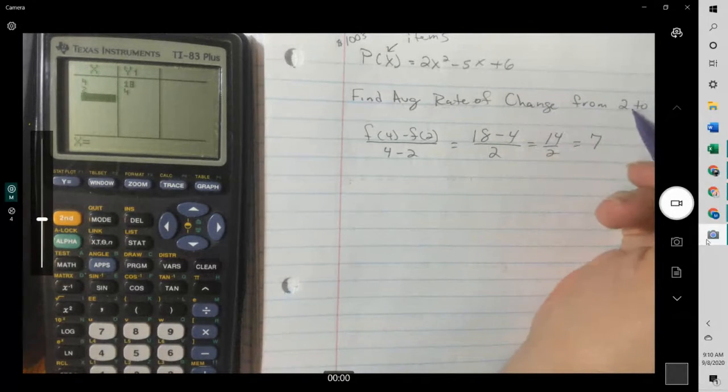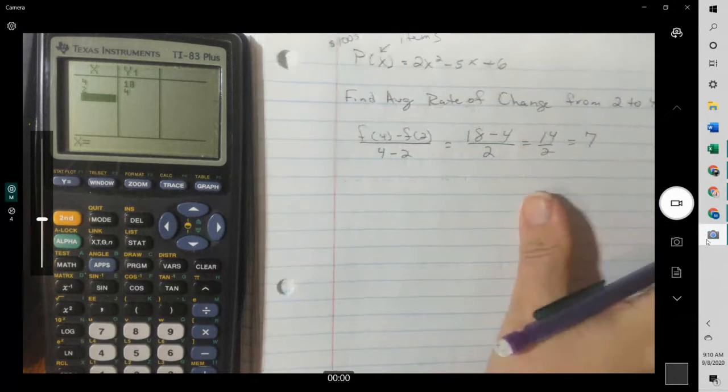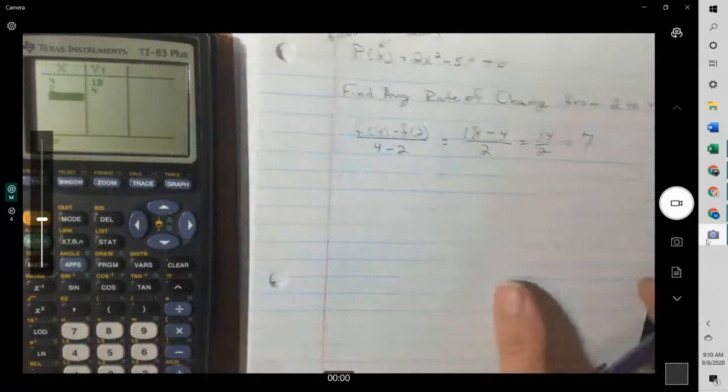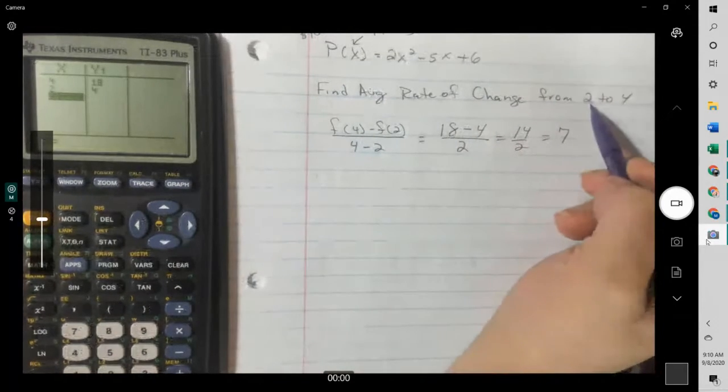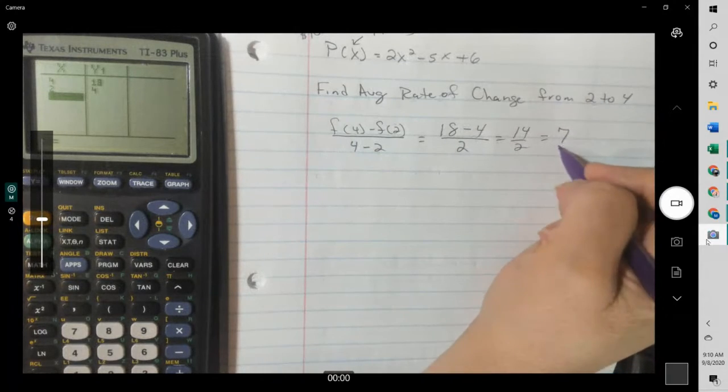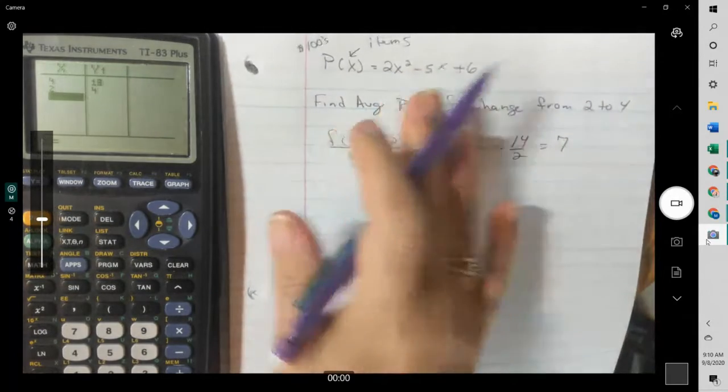So as we go from selling 2 units to 4 units, we will increase our profit by $700. So if instead of selling 2 units, we sell 4 units, you increase your profit by 700 because it was in hundreds.